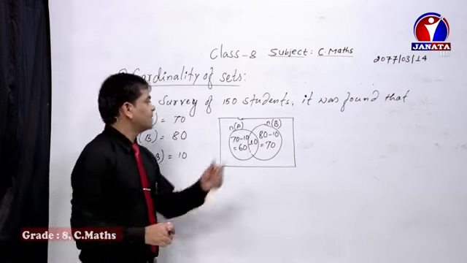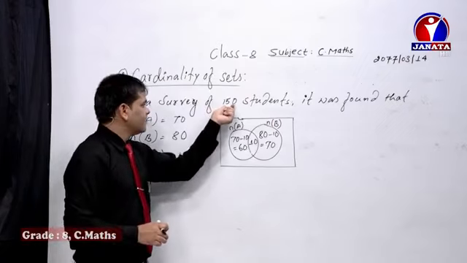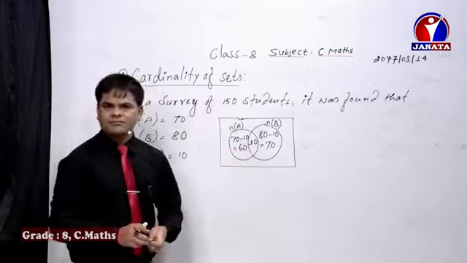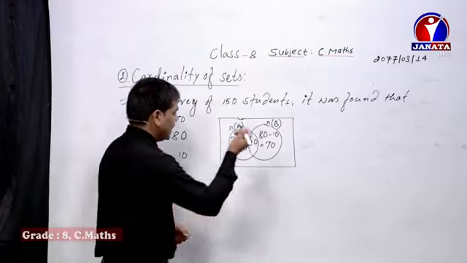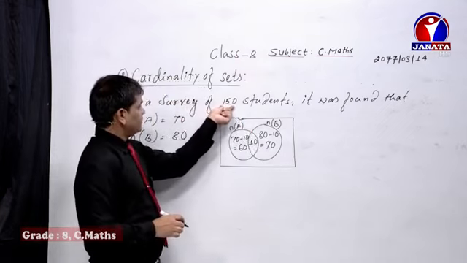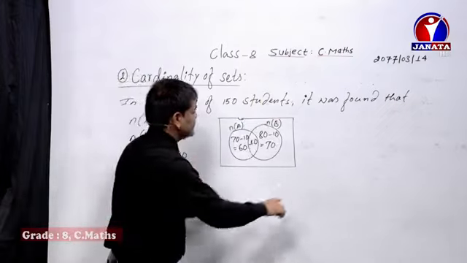The number of students cannot be kept in negative form. That's why if we keep 150 rather than 100, the value comes positive.